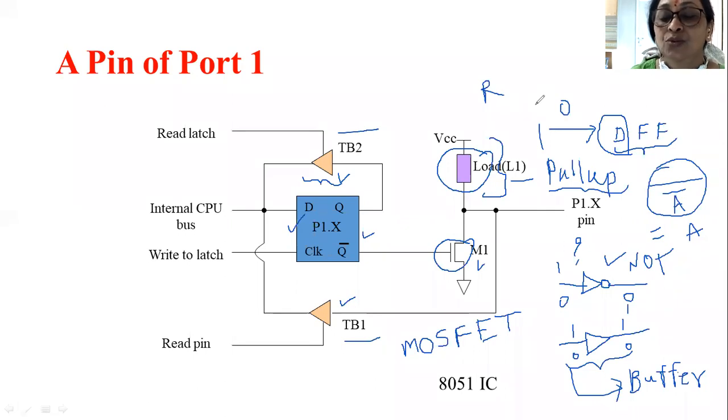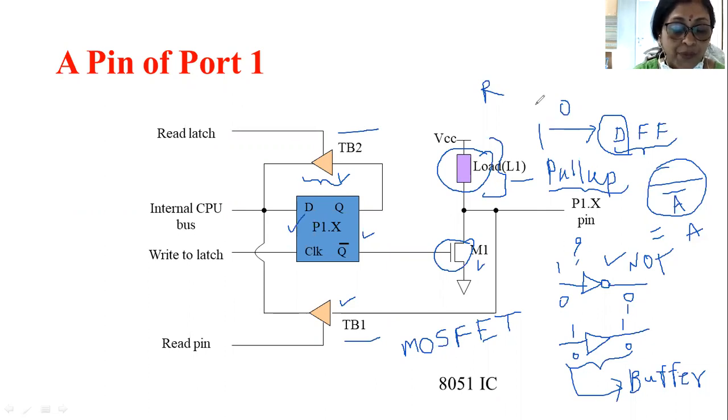At this stage, you should only know the different components of the port pin: the D flip-flop, two buffers, one input buffer and another output buffer, and the MOSFET. The MOSFET is used as a switch, and it is connected to the pull-up resistor to pull up the value to logic 1.